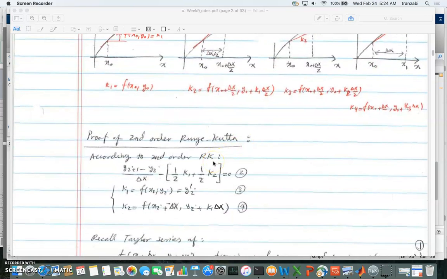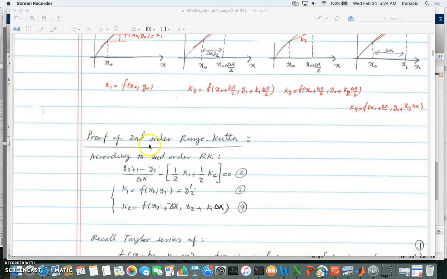In the notes I also proved the order of accuracy of RK2 and RK4. We said RK2 is second order. That means if you decrease your delta x by a factor of 10, then the error goes down by a factor of 100, which means 10 to the second power.